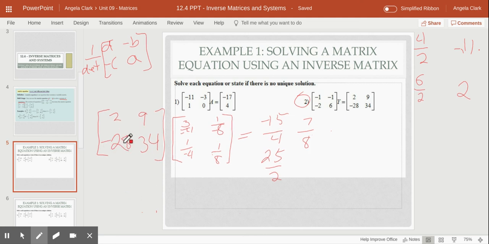And then negative 28 times 1 over negative 8 plus 34 times 1 over 8 is 31 over 4. So this is my other solution. So I have two solutions. I have this one, which I forgot to put brackets around, and I have this one.